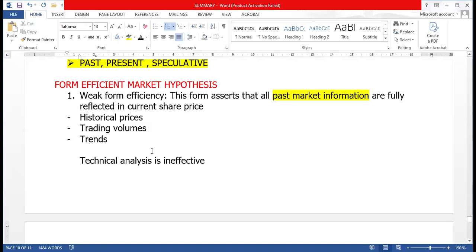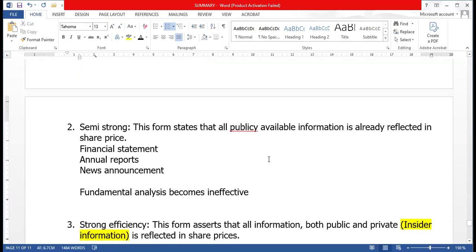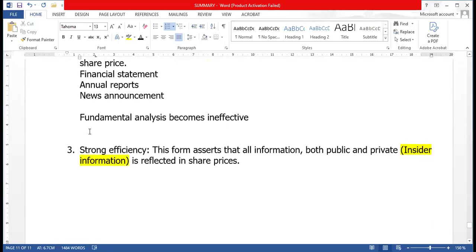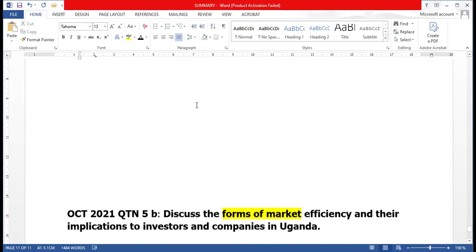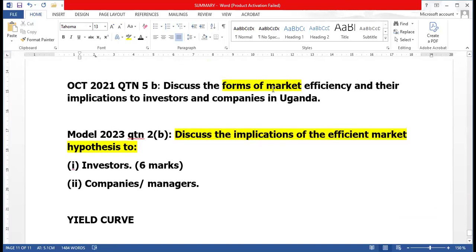Here, I tried to summarize, but I believe some of you have the study packs and textbooks from different tutors. So far, any question? I'm done with forms. So we are done with this part where we are discussing the forms of market efficiency.